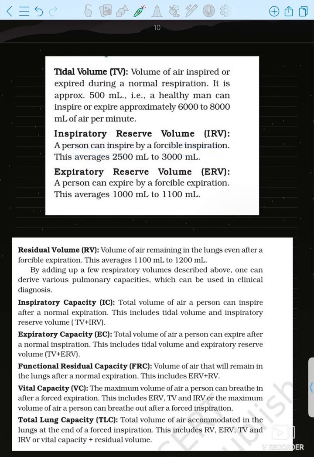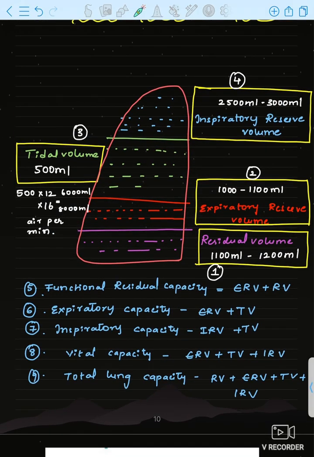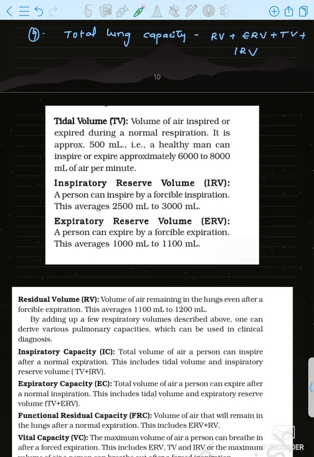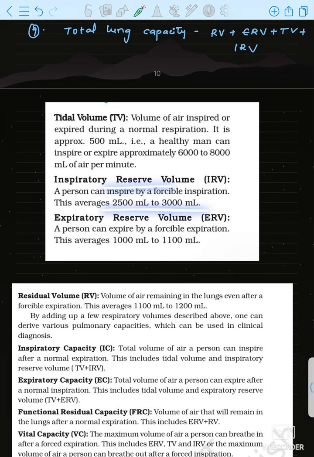Normal inspiration is tidal volume, after normal inspiration forceful inspiration will be done, that is called as inspiratory reserve volume. It is 2500 ml to 3000 ml.